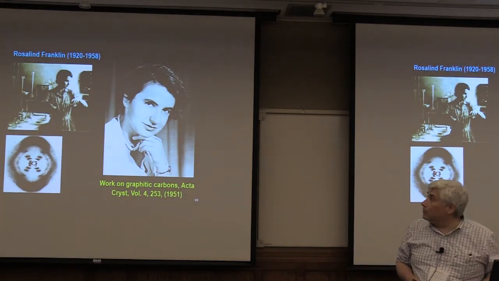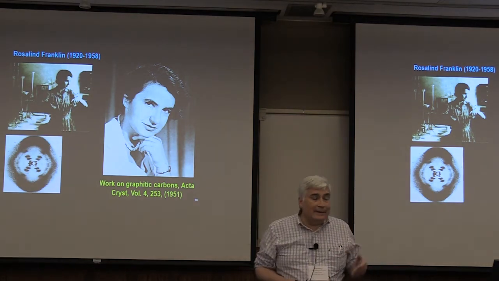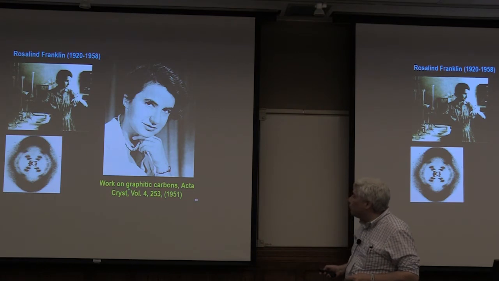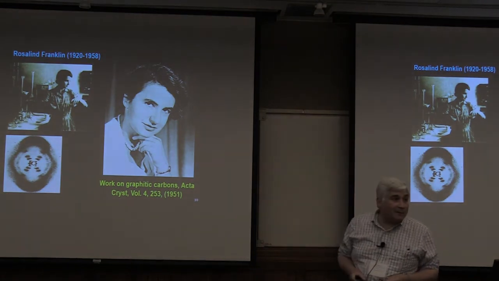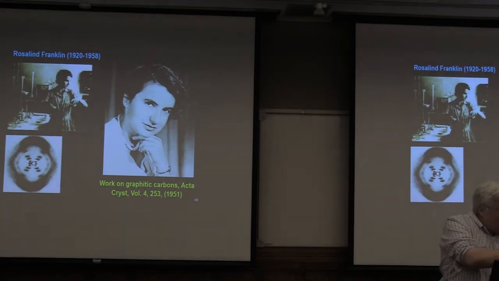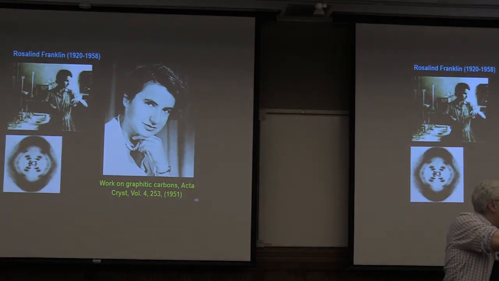I would like to mention that Rosalind Franklin also made very important contributions on graphitic carbons, because there are carbons that cannot have the 3.35 distance, so they have a different distance, and this is due to the orientation of the layers.